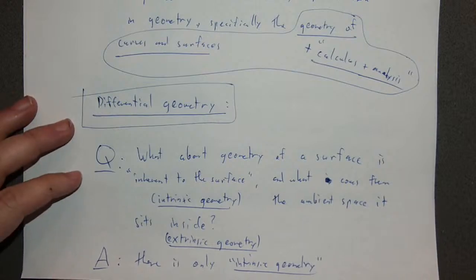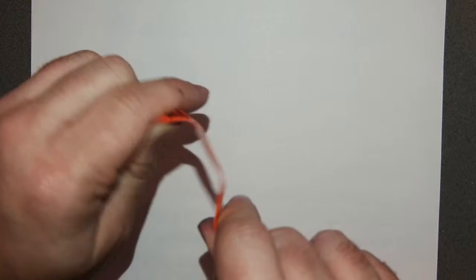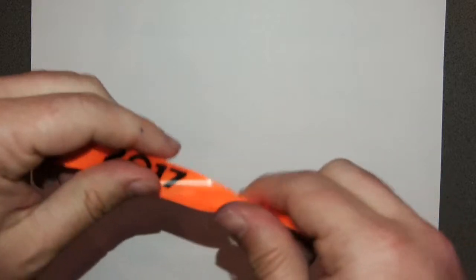So this fact that there's only intrinsic geometry, what's another way of saying that? I can basically say that any question I have, say, about the curvature of a surface, meaning how the surface curves in space, the question is how can I measure that without talking about the space?